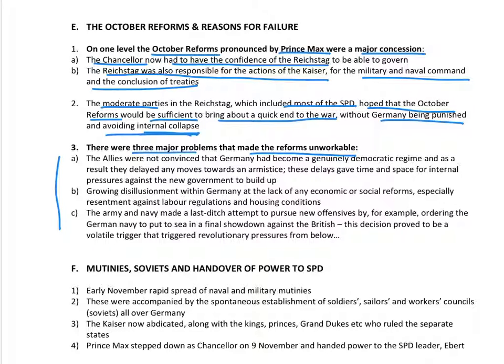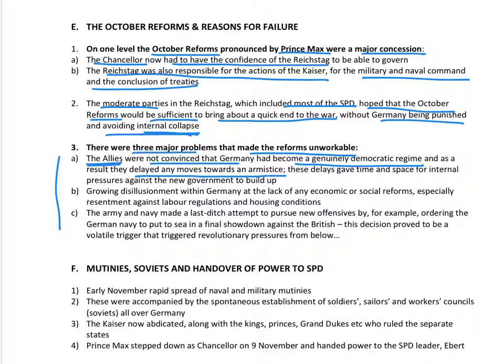First of all was the attitude of the Allies. They were not convinced that Germany had become a genuinely democratic regime. The attitude of the Allies: we will only negotiate if we feel that the new regime is genuinely representative, and they were not convinced by the October reforms. So as a result, the Allies delayed the discussions about an armistice.